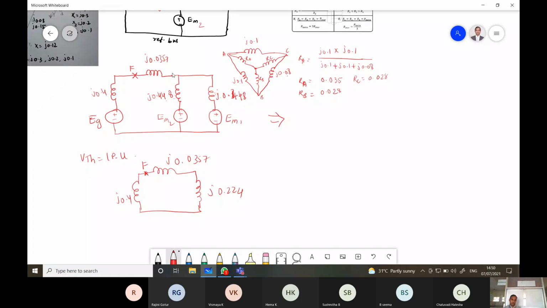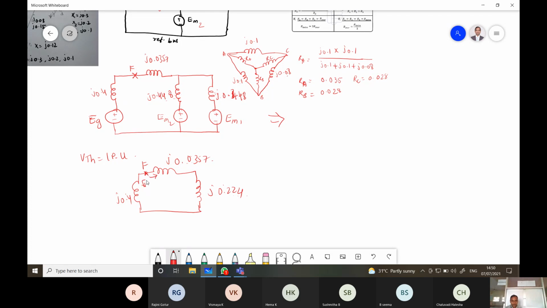So now these two are in series, 0.0357 and 0.224. That is in parallel with 0.4 because the fault is here. So we are looking from the fault. If you directly look at the circuit, all are in series, but the fault is here, so therefore the fault current will be dividing like this.